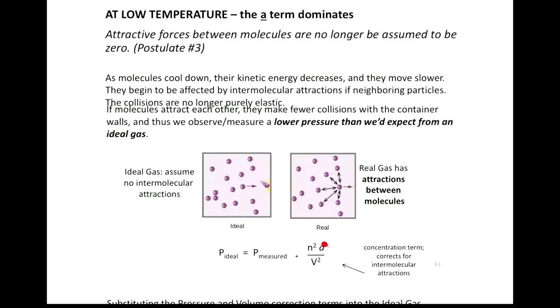And how we adjust for it is with this term: the pressure that we actually measure is adjusted from the ideal pressure, where we take into account the attractions term and how many particles are present per volume. At low temperature, this attraction term dominates because the particles aren't moving very fast already.